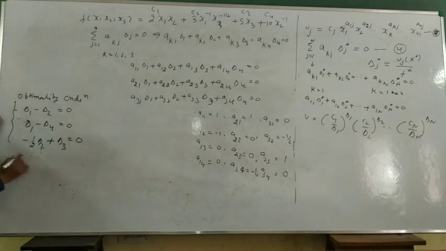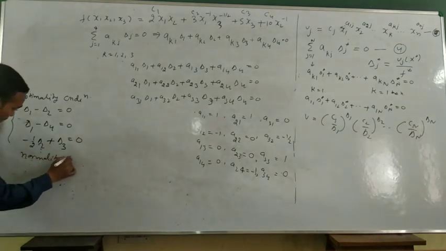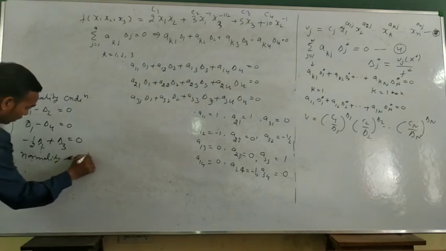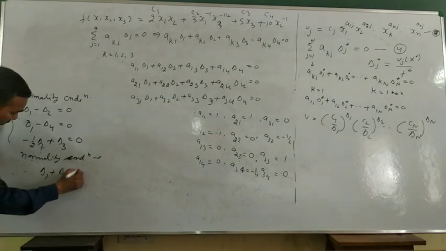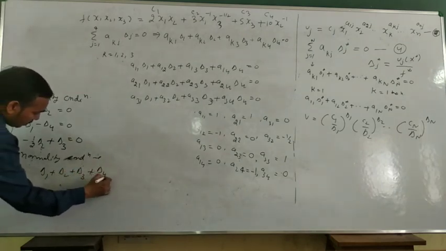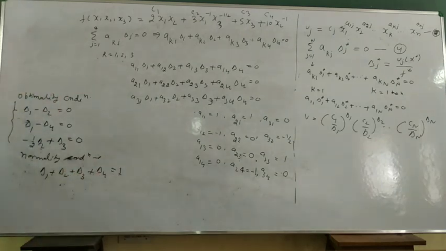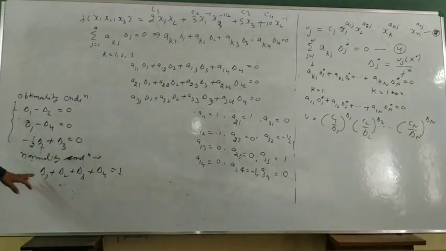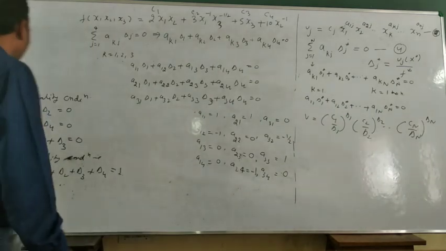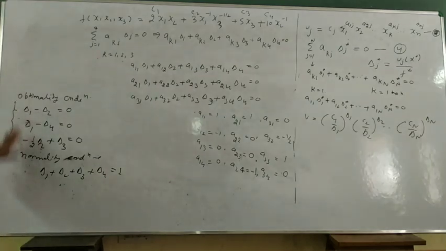And we know that the normality condition is del 1 plus del 2 plus del 3 plus del 4 equals 1. Here we see that we have 4 equations and 4 unknowns, which means we can easily solve.